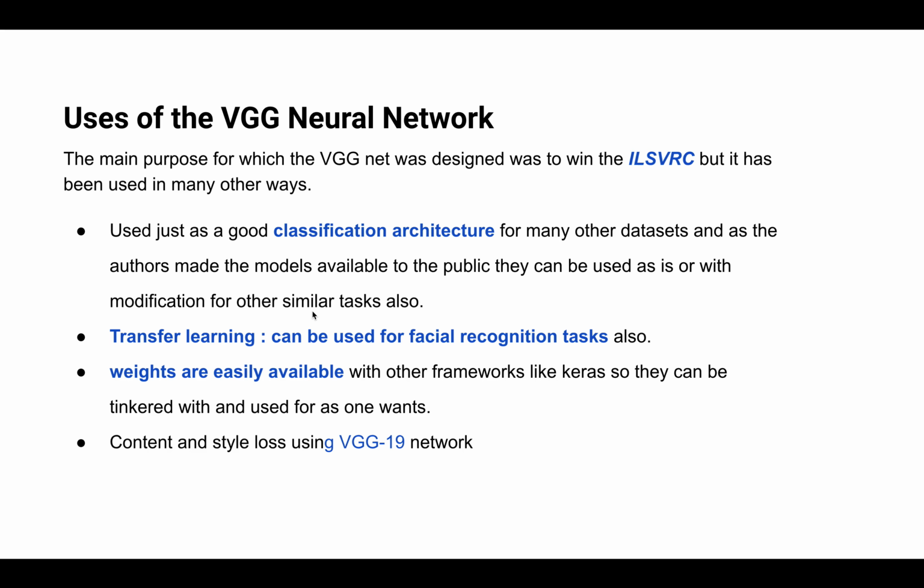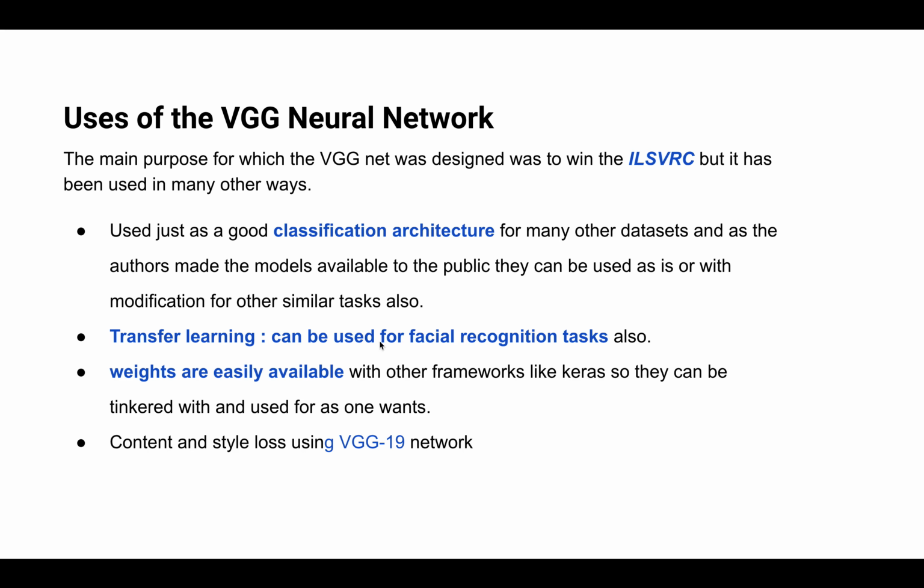For example, with the ImageNet dataset of 1.2 million images, you can use the pre-trained ImageNet model, fine tune it and do transfer learning for your special cases. If you want to detect a car, bike, person or vehicle, you can use the VGG pre-trained network and fine tune it with your data, and you can get better results.